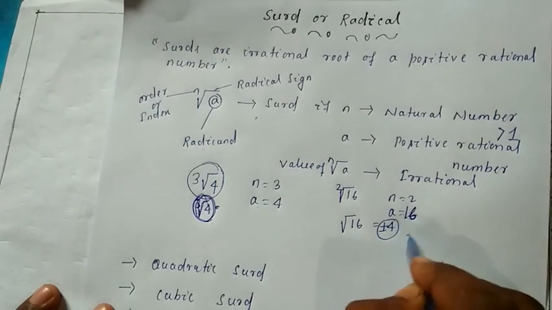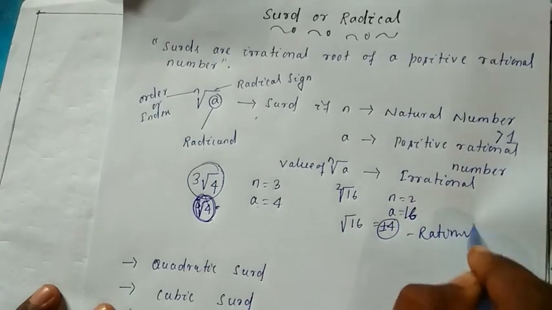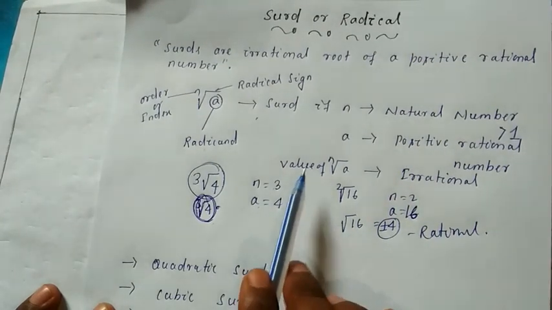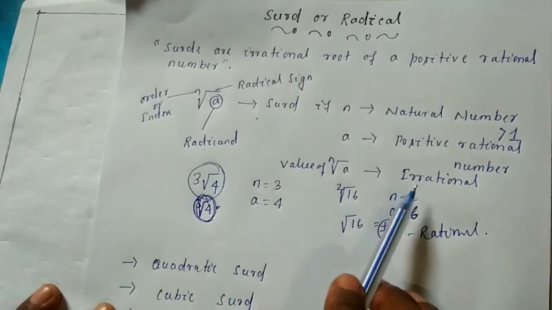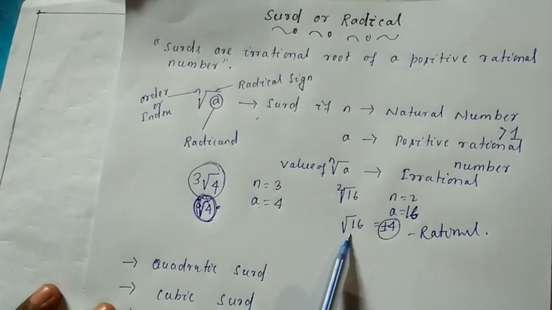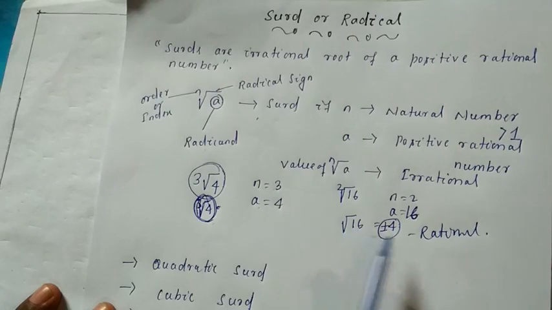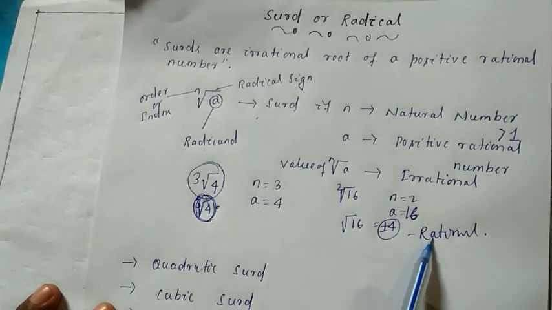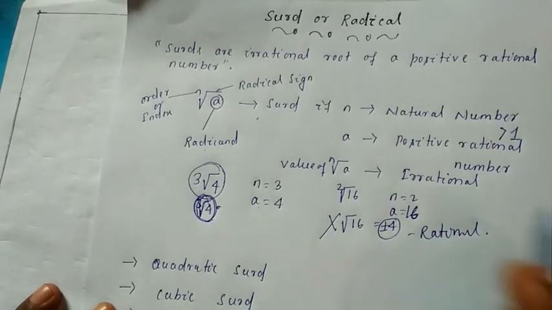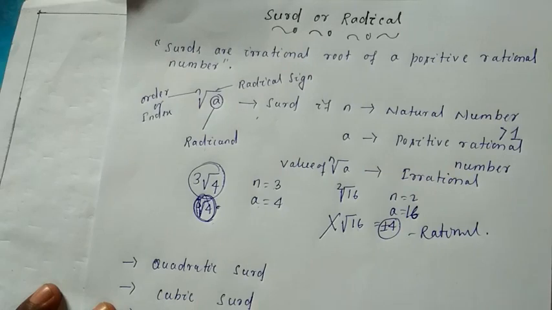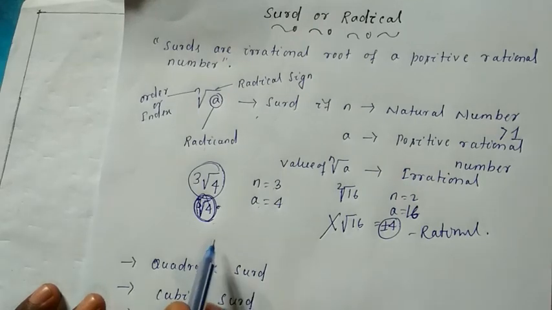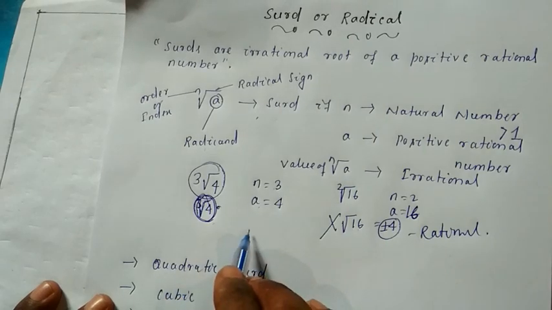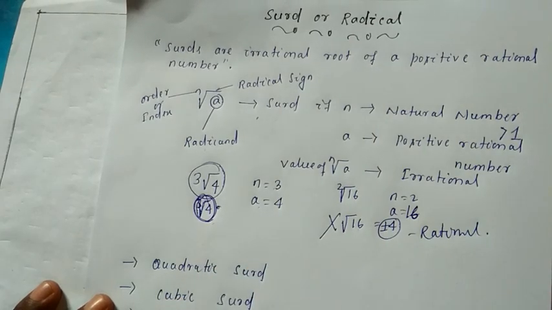That is a rational number. But the value of nth root of a should be irrational. Here the value of square root of 16 is rational. That's why square root of 16 is not an example of a surd, or surd you can also say radical. Understood?